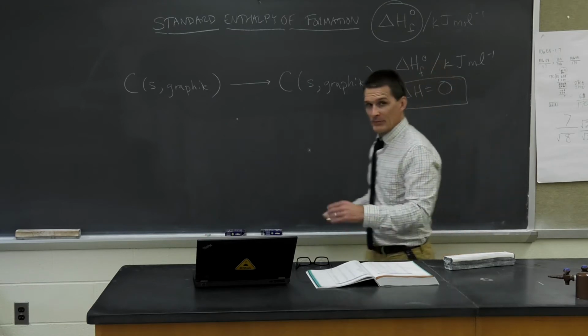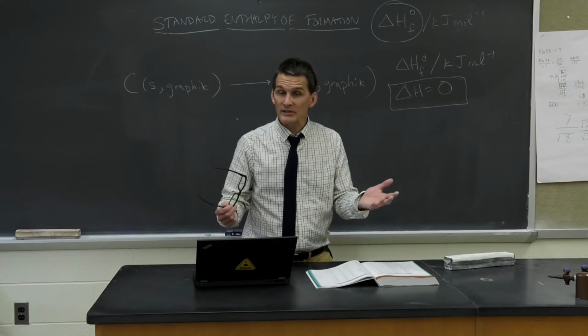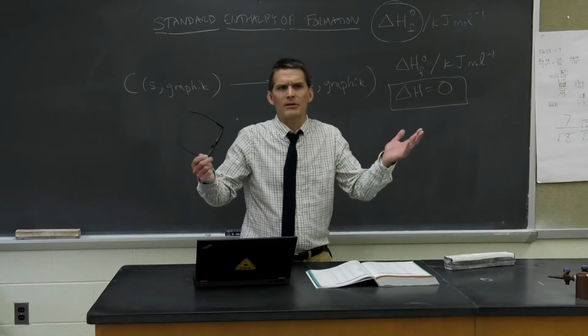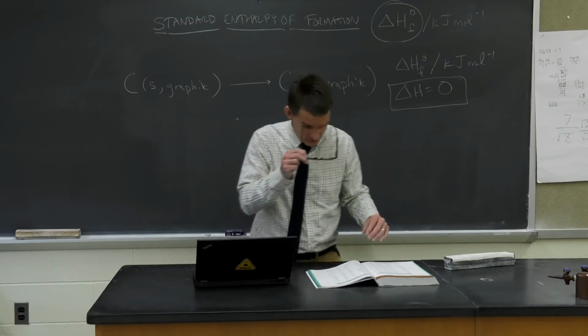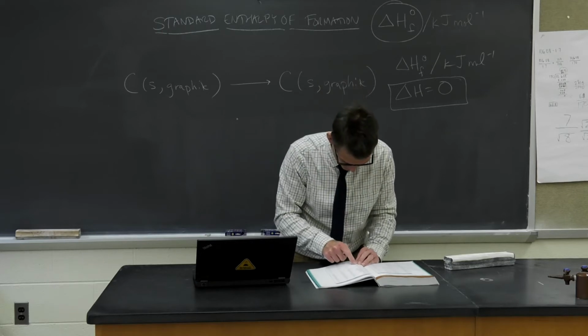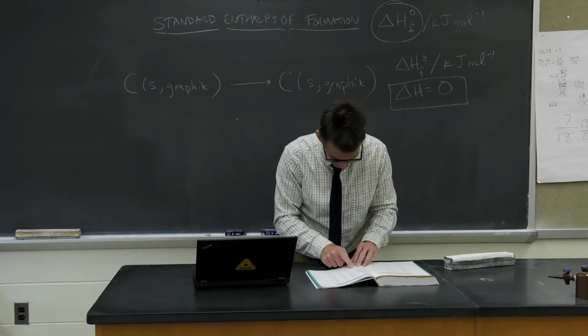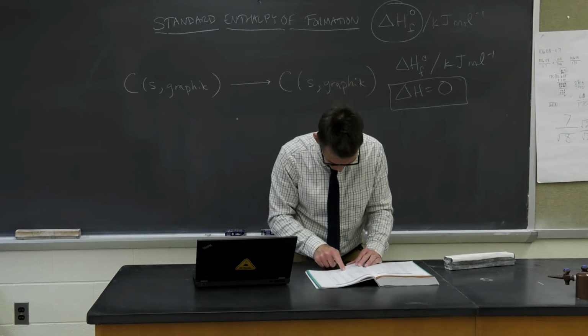And so anytime you go through this chart, if you're confused about what an element in its standard state is, let's say, what's chlorine in its standard state? I don't know. Well, I'll look in this chart. Under chlorine, I see 5 different species, and I just look for the one that has the 0.